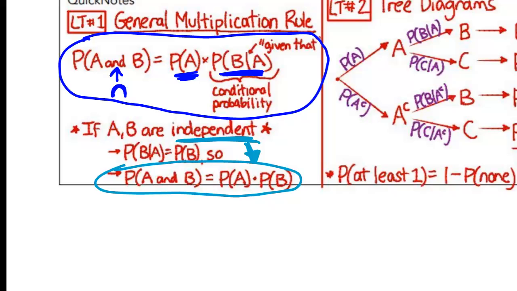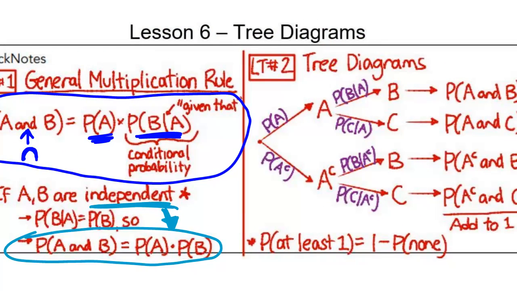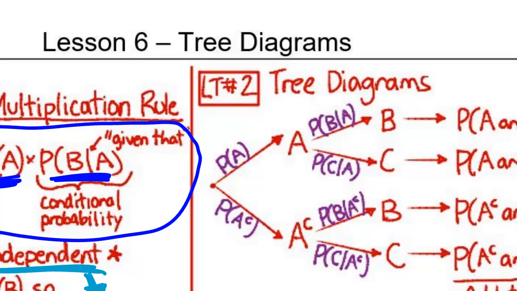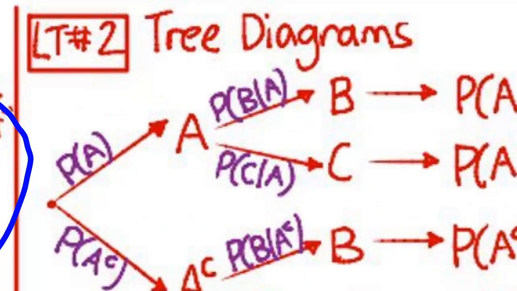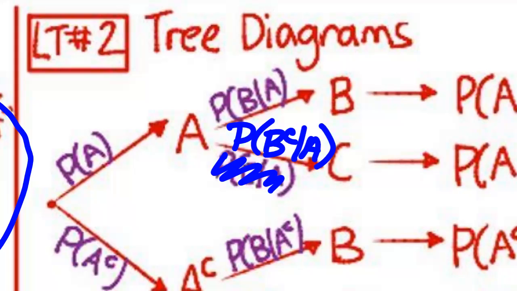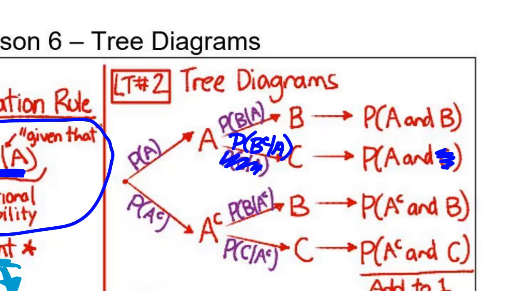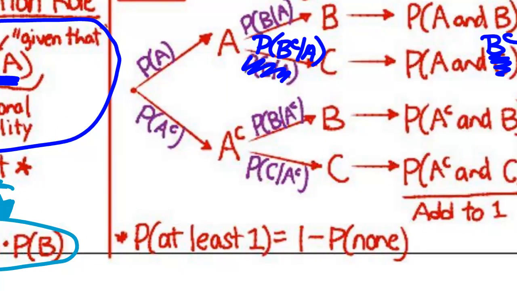Tree diagrams, I kind of don't like how they wrote this, so we're going to change something on here. This is event A complement. This is event B given A. Down here would be the probability of B complement given A. Instead of doing C given A, here's event B, it rains.